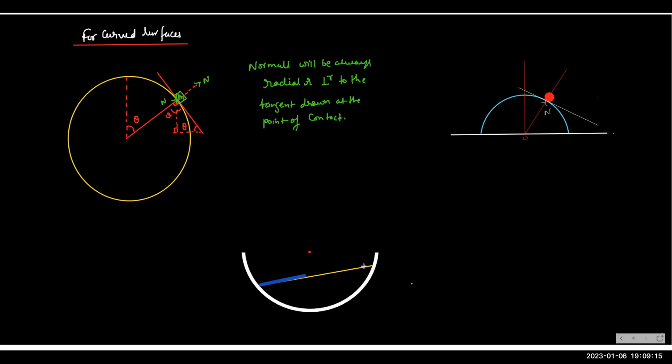Let me make it more dark. So draw the normal. First draw some thin line and then draw it. Okay. Do it and send it to me. I would like to see how you're thinking about the normal here.